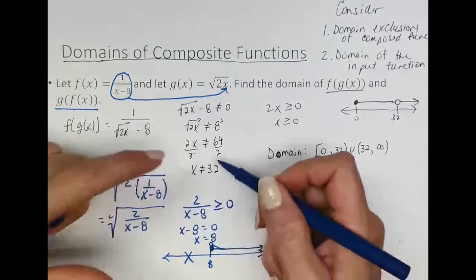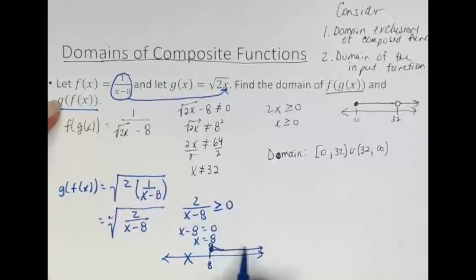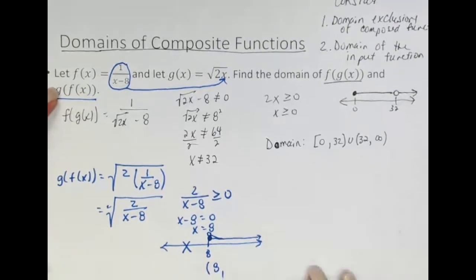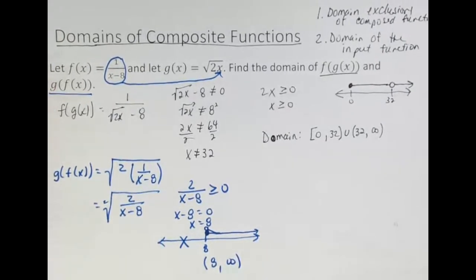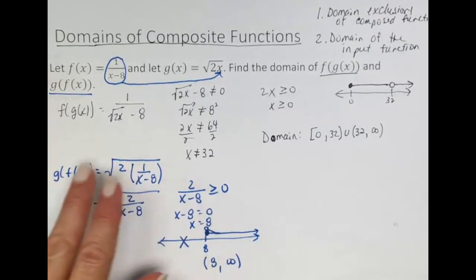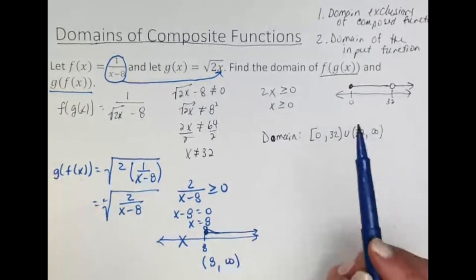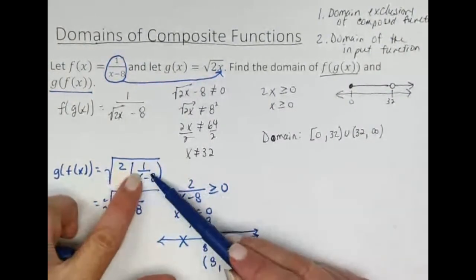When I look at the full problem, so far it looks like I've got the interval of everything greater than 8 with an open circle. So parenthesis 8 to infinity. There's my domain, actually, for the composed function. But what about that inside function? Did I already address that?